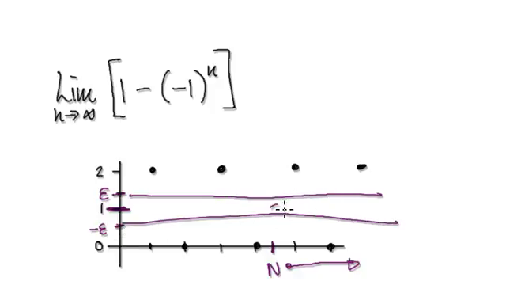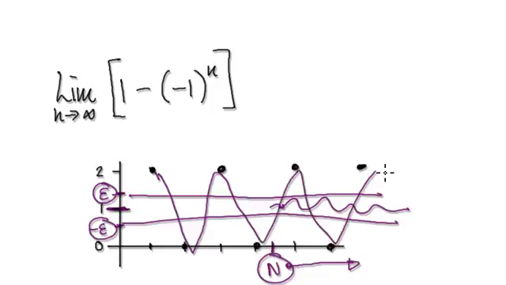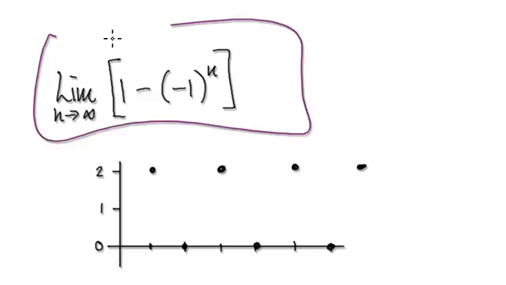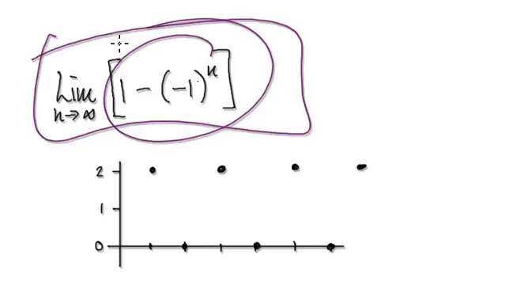So if a limit exists, the sequence must be within this tunnel that I've given you. But here, that capital N doesn't exist. You can see that it's never going to be trapped within this tunnel. So the limit doesn't exist. Remember, if a limit doesn't exist, then we say it's divergent. So this sequence is divergent.